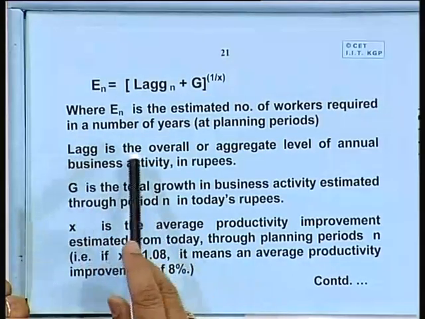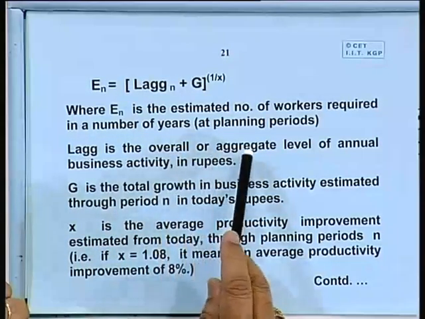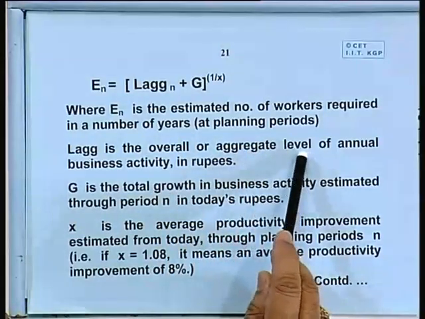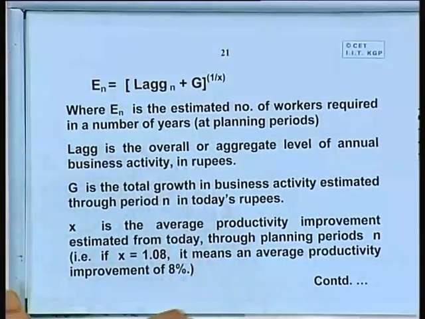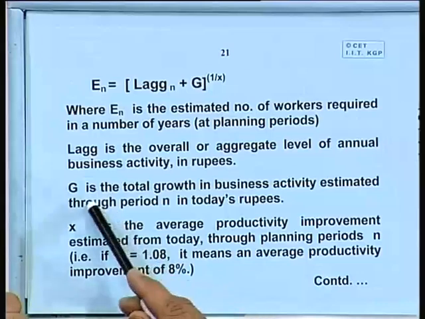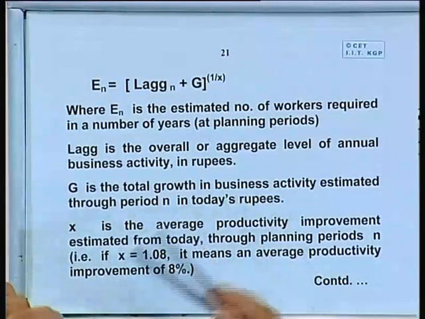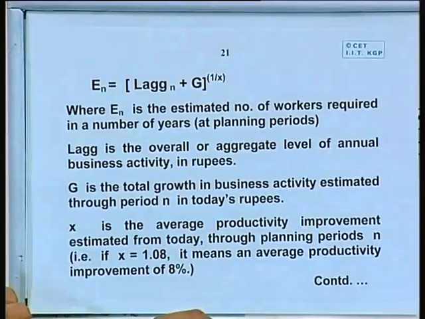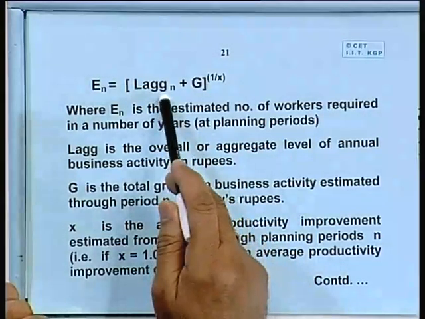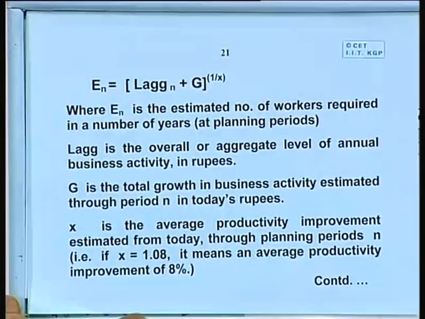L aggregate is the overall or aggregate level of annual business activity in rupees for the time period. G is the total growth in business activity estimated through period n in today's rupees. So, one estimate is put into this, remember.